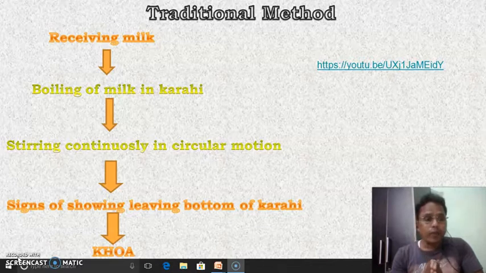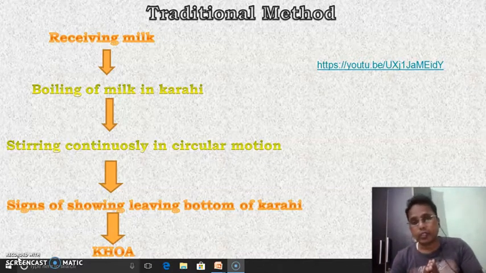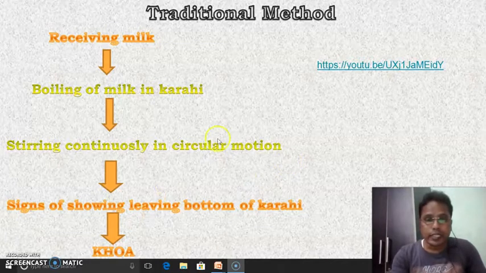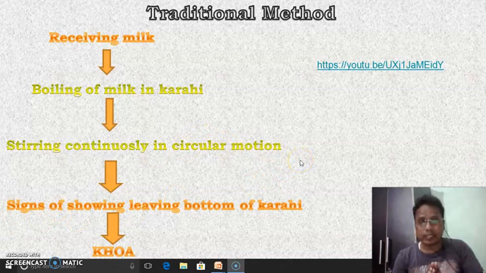Constantly evaporation of moisture takes place and the milk thickens progressively. The process is similar to kheer preparation. So due to these circular motions, milk becomes thicker and thicker.